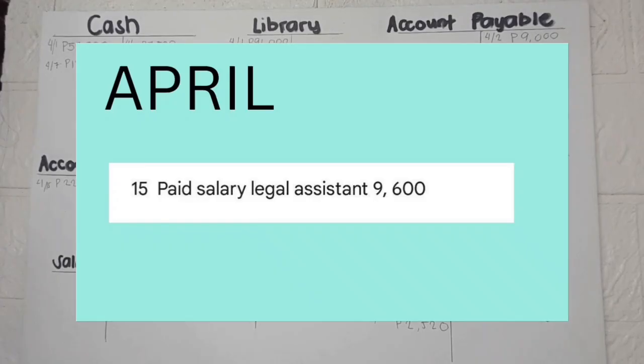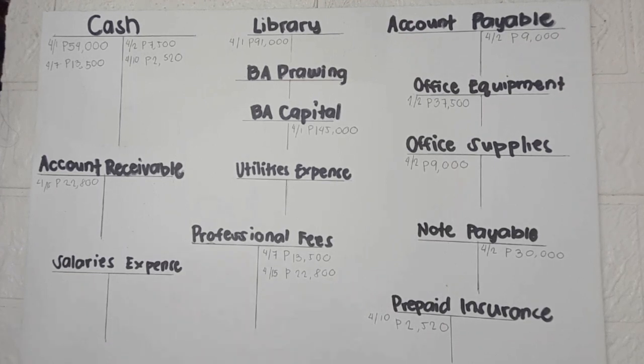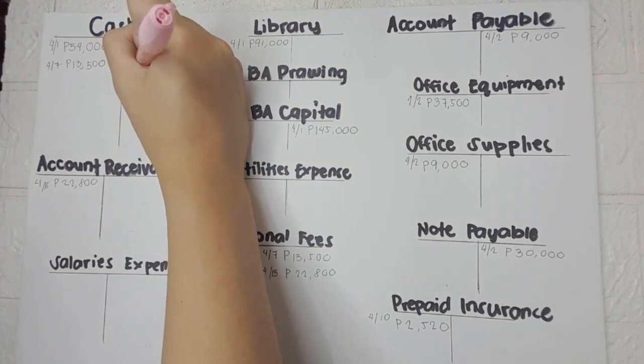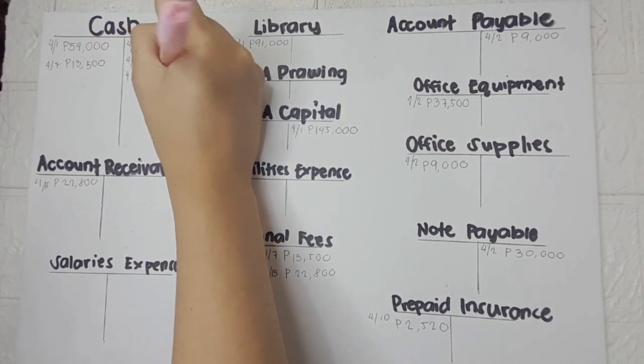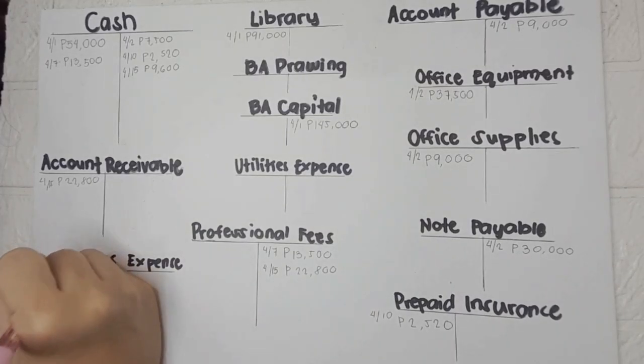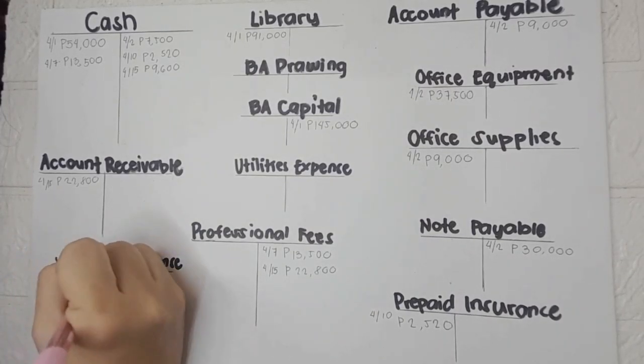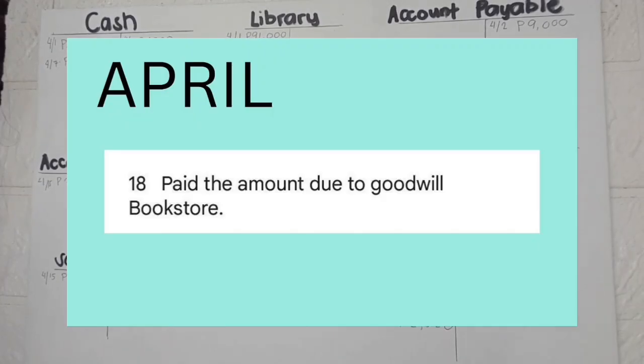On April 15, paid salary of legal assistant, 9,600. So the account titles will be cash and salaries expense. The 9,600 will be on the credit side. For the salaries expense, the 9,600 will be on the debit side. April 18, paid the amount due to Goodwill Bookstore.